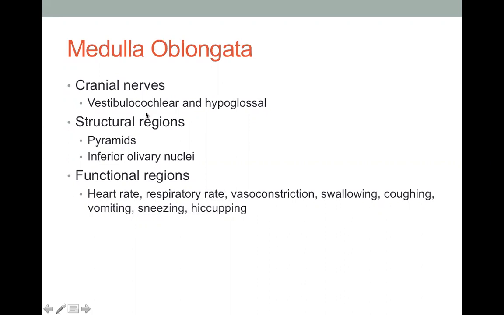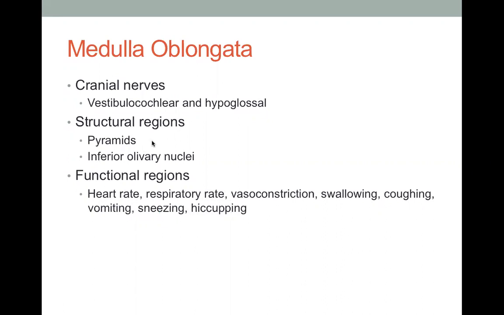So here I listed those cranial nerves again for you, 8 and 12. And then the pyramids, I showed those, and the inferior olivary nuclei. And remember, decussation of the pyramids is how we cross, and we have the right cerebral cortex control the left skeletal muscles.